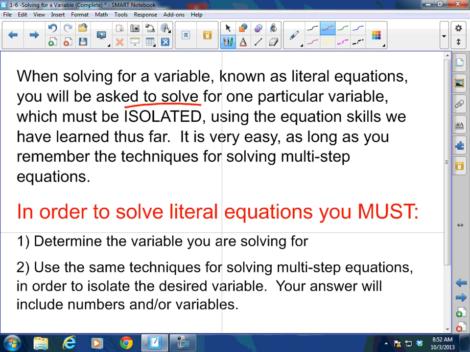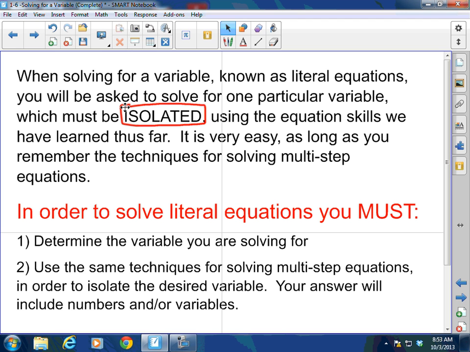Remember the goal of any equation. They're asking you to solve for some variable. That means that they want that variable all by itself, isolated, okay? And we're going to do that using the equation skills we have learned thus far.